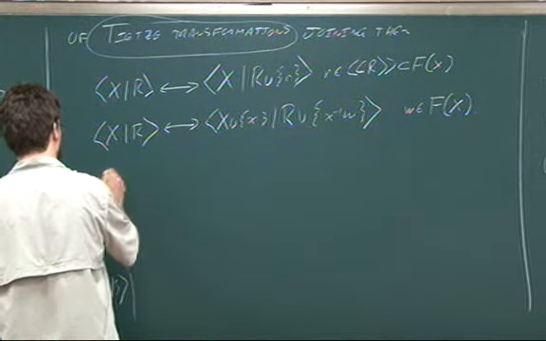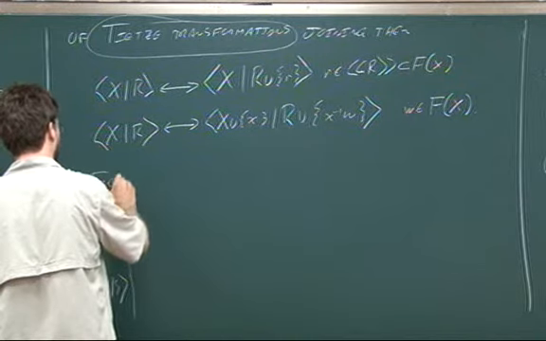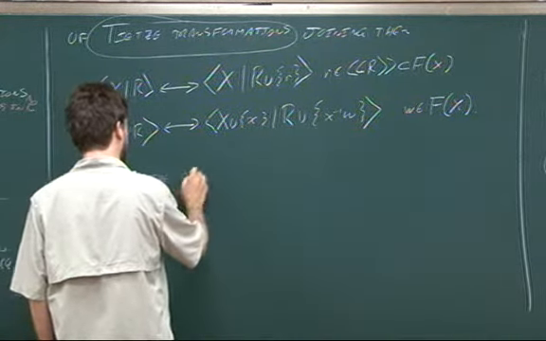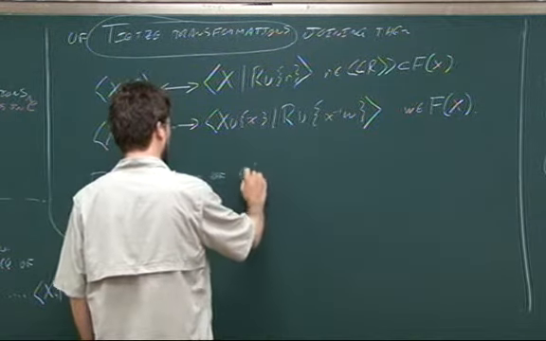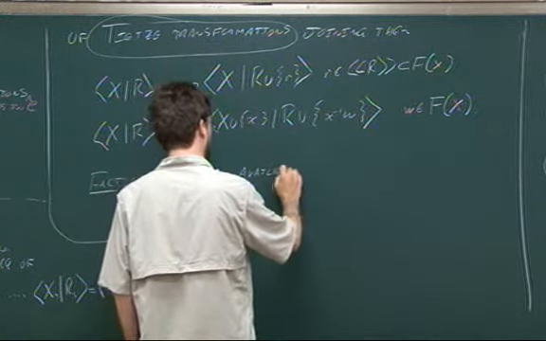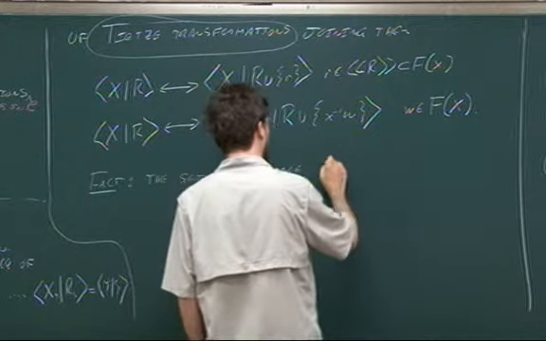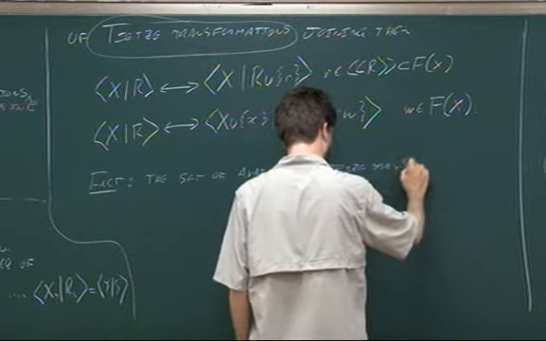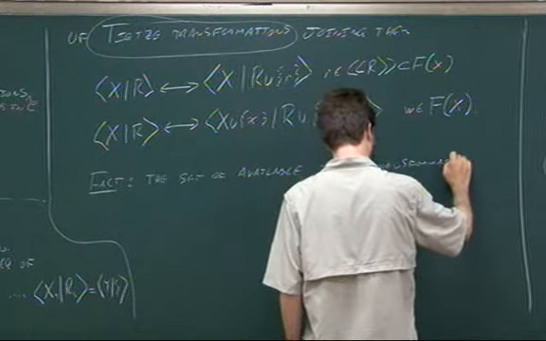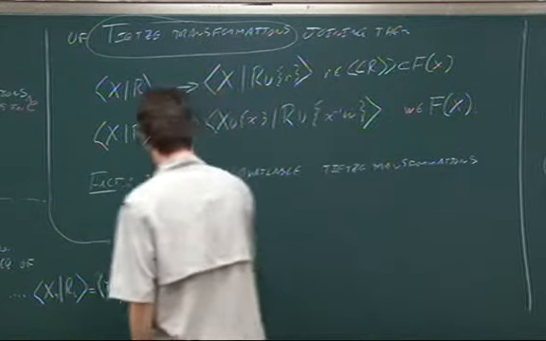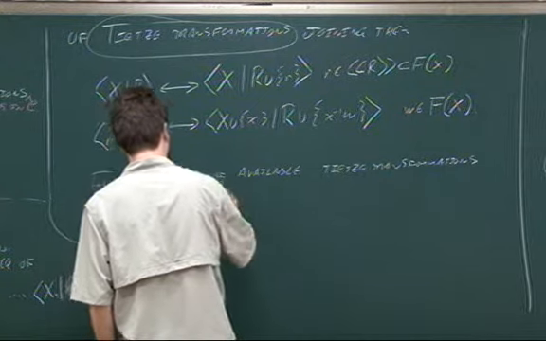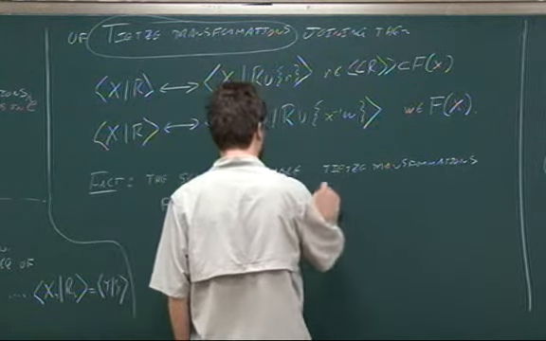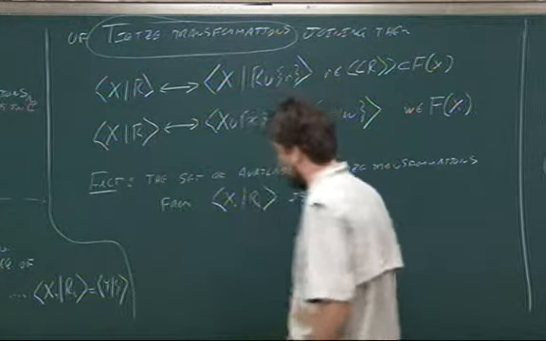So you can check this. This is a fact or an exercise or something. So the set of available Tietze transformations from, say, x0, r0 is itself recursively enumerable.